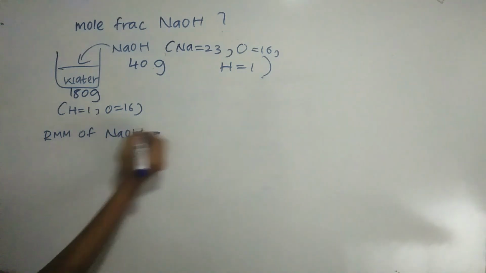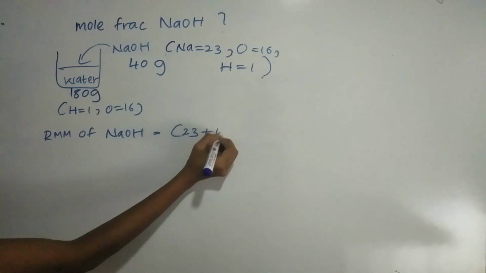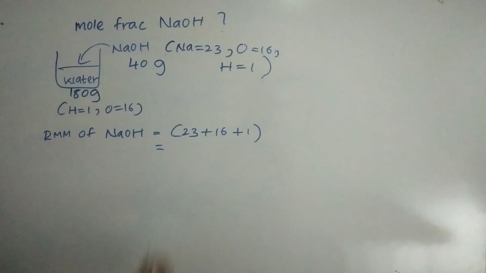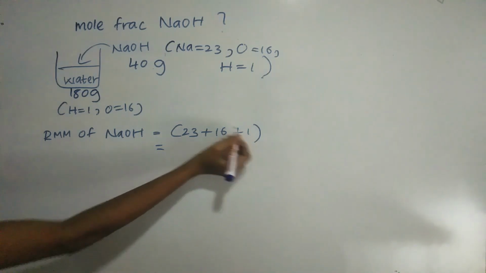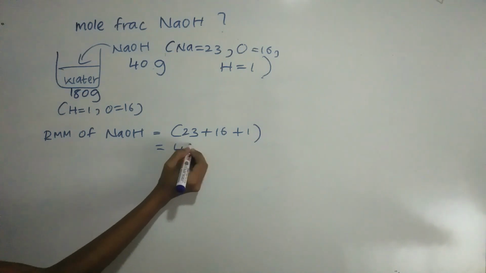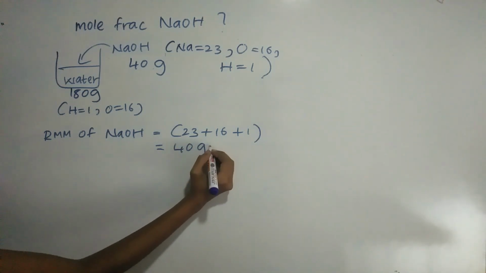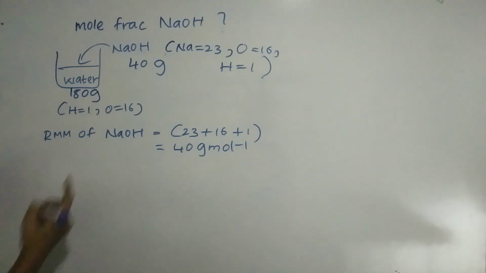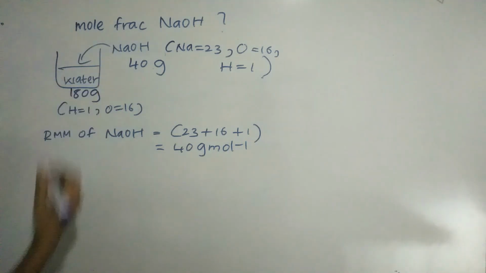That is, sodium is 23, oxygen is 16 and hydrogen is 1. 23 plus 16 plus 1, 17, 20 and 40. You get the relative molecular mass of sodium hydroxide as 40 grams per mole. And you know the mass of sodium hydroxide is 40 grams.